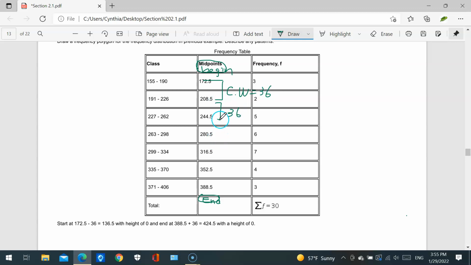To find the end midpoint, I just continue to add 36, and then I will find the end point. To find the begin midpoint, I simply take 172 and subtract 36. Then I will find the midpoint.